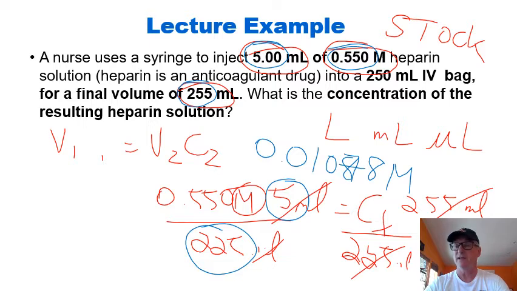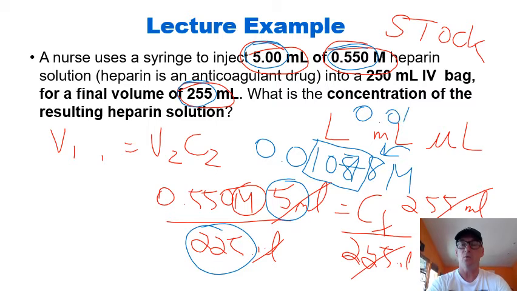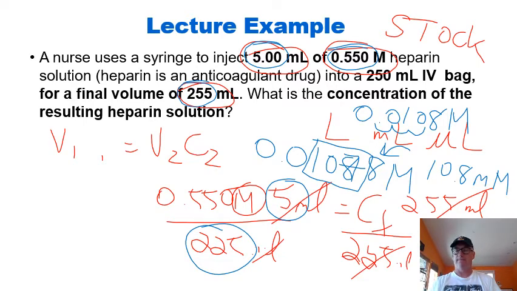So I'm going to have 3 significant digits in my answer. So let's go looking: 1, 2, 3. I've got an 8 after my last significant digit, so I round up. So my final answer will be 0.0108 molar, or 10.8 millimolar. Okay?